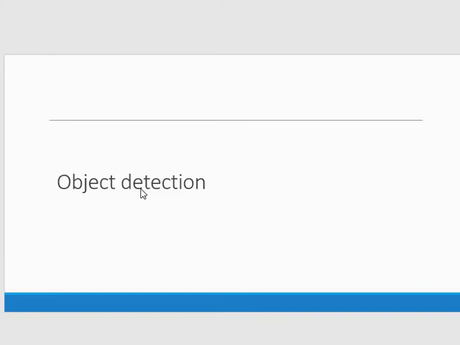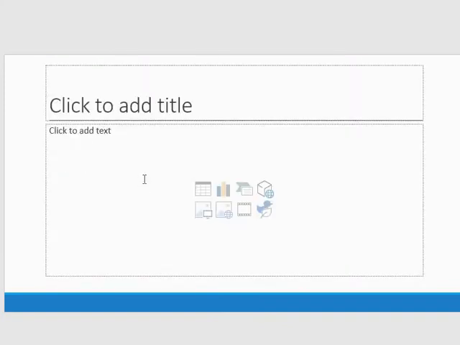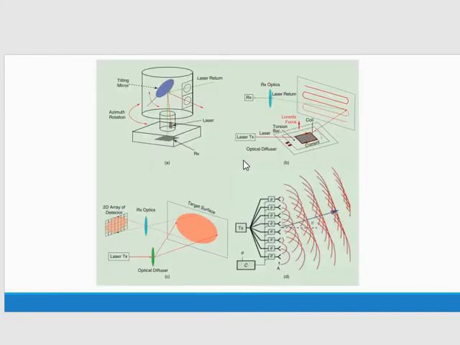And this is object detection, and this is a simple lidar sensor. We can see it has a laser, a rotator, and a tilting mirror, and the laser is transmitted or returned, and this is the optical receiver.